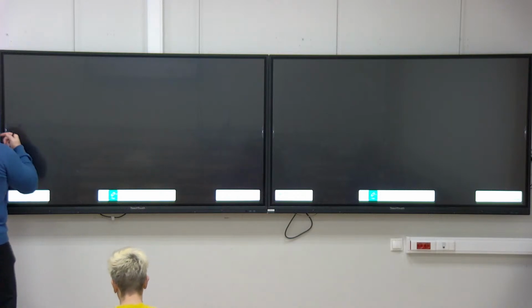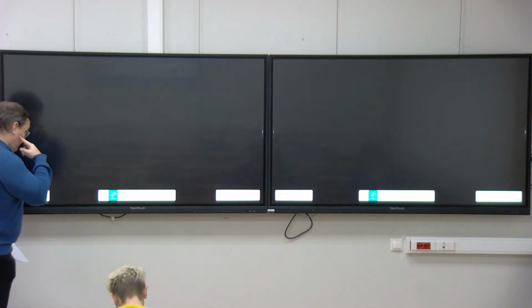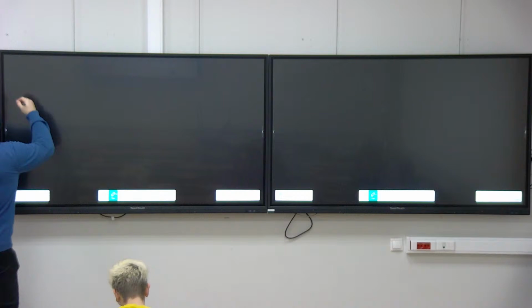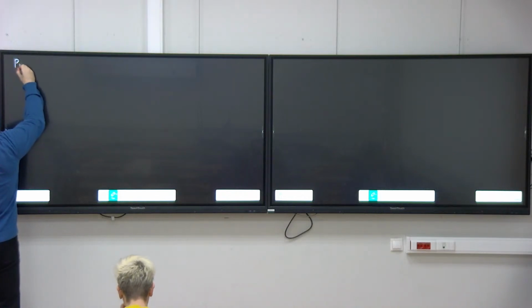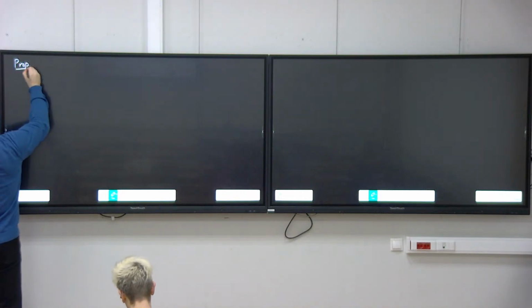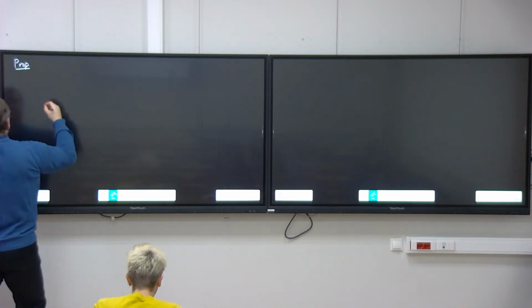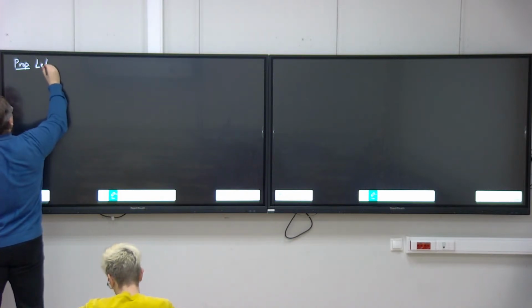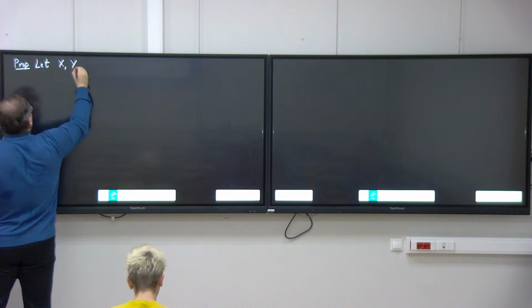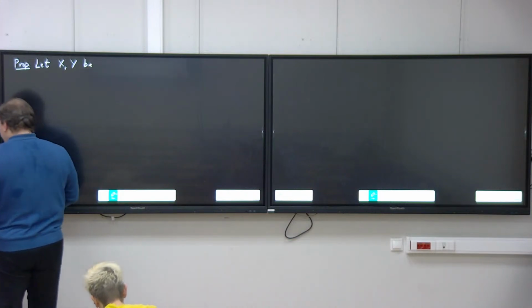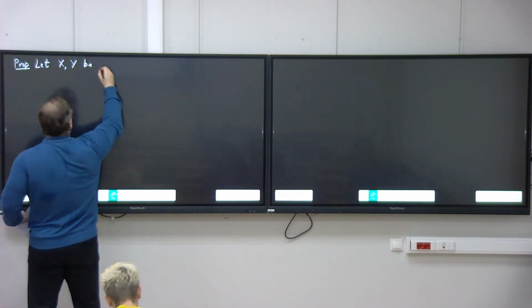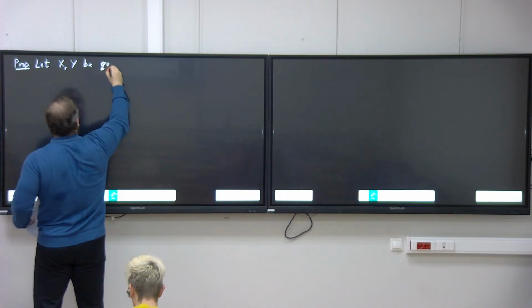So I want to first of all finish section, I think this is 6.2, with the last statement of the following proposition. So let X and Y be, as usual, actually not as usual, we assume that this is quasi-compact.